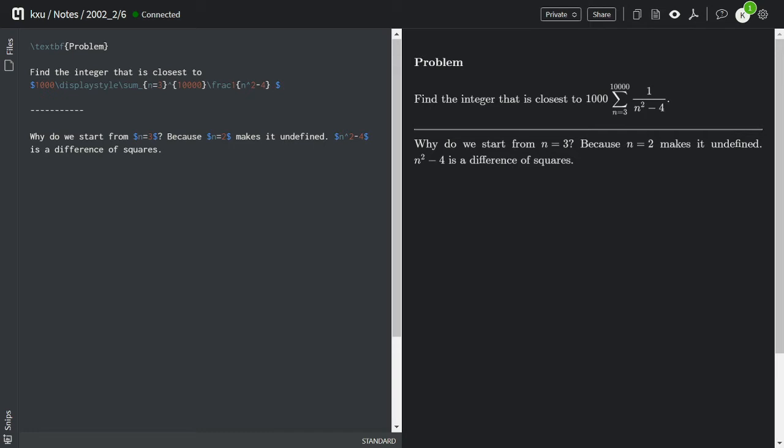This kind of intuition will help you a lot in AIME questions, and knowing what polynomials can be factored or not can often lead to a really elegant solution. So here we have n squared minus 4, it can be factored into n plus 2 times n minus 2.